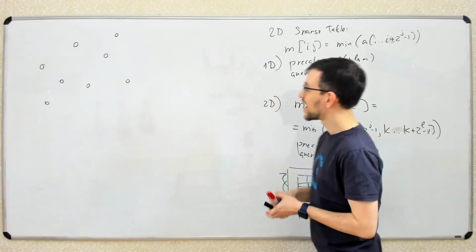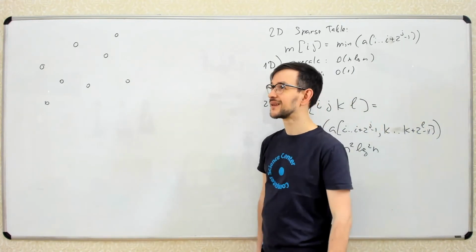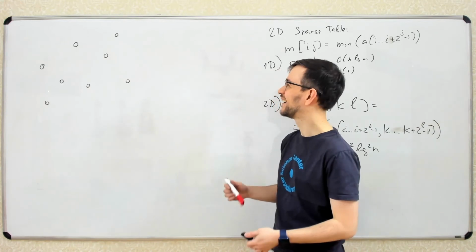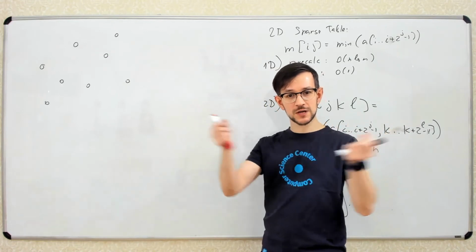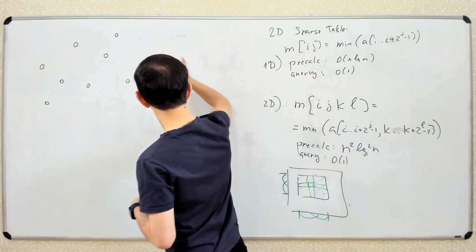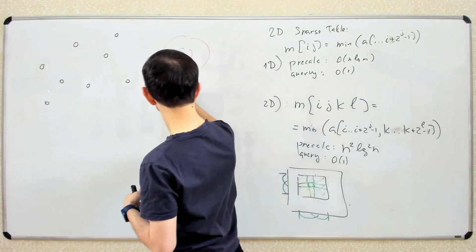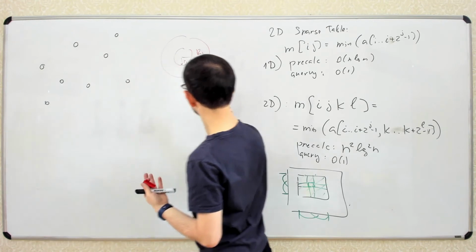And each donut is specified by 2 parameters. Donuts obviously have 2 parameters: the size of the whole donut. So each donut is specified by the outer radius and the inner radius.